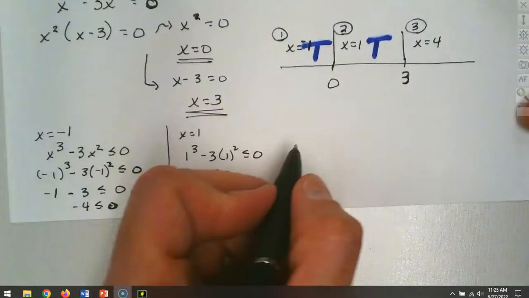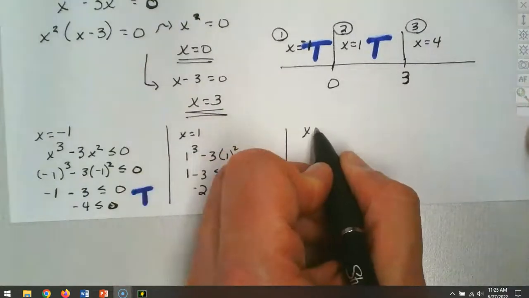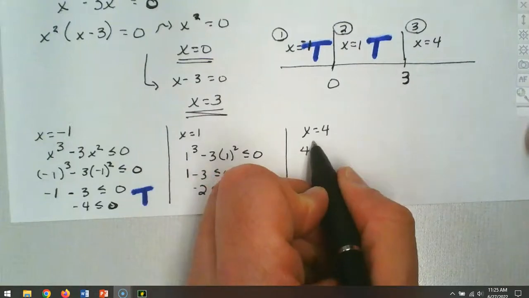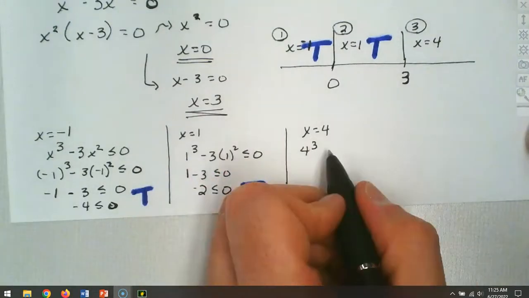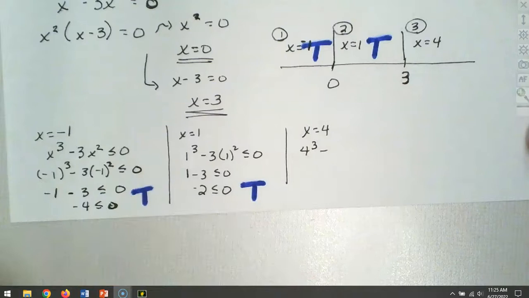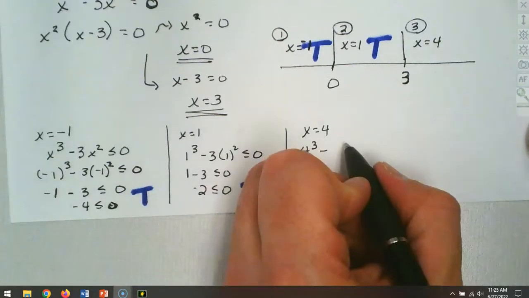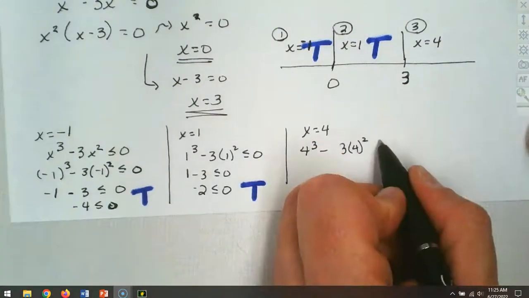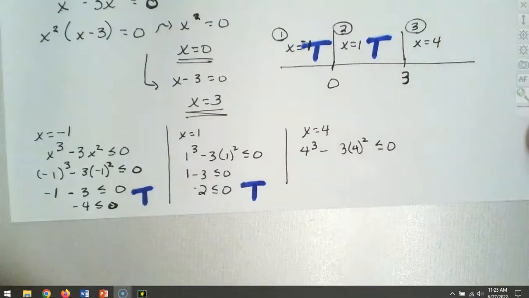Now let's check x equals 4 and see what happens with it. Okay, so we've got 4 cubed minus 3 times 4 squared. And that's supposed to be less than 0.